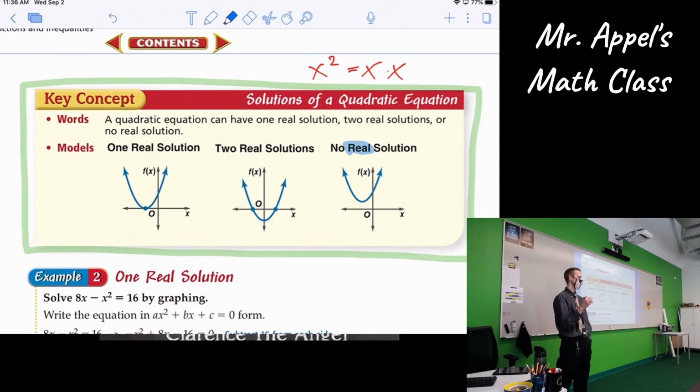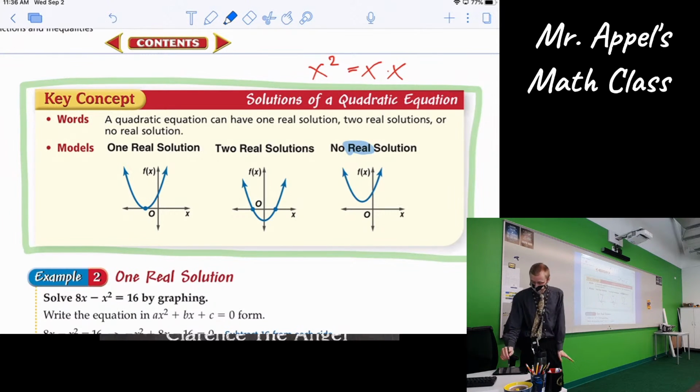Okay? And we'll see, I think October, I don't remember, it's on the schedule, we'll hit the complex numbers. We'll learn about what you go beyond real numbers. Right? So those will be complex solutions, not real solutions. We're not dealing with those right now, because you can't get them from the graph at all. Right? Which ones can we get from the graph? Only these guys. Only these.